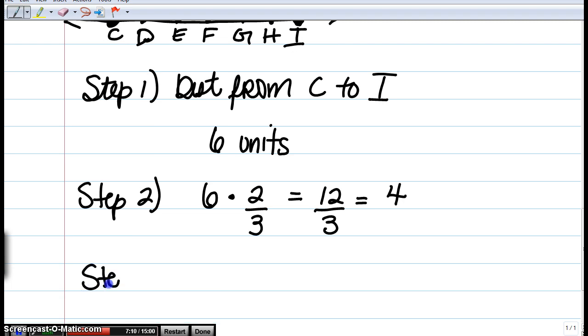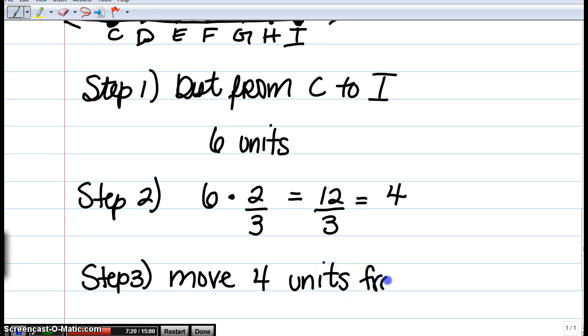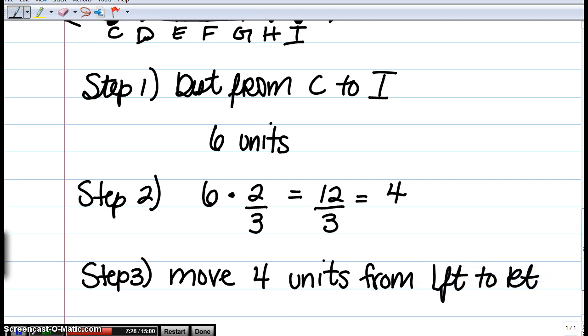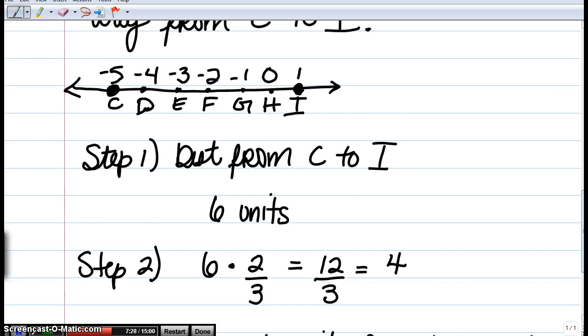Step 3, you are going to move 4 units from left to right. So we found out that it's 4 units, so we have to go over 1, 2, 3, 4.